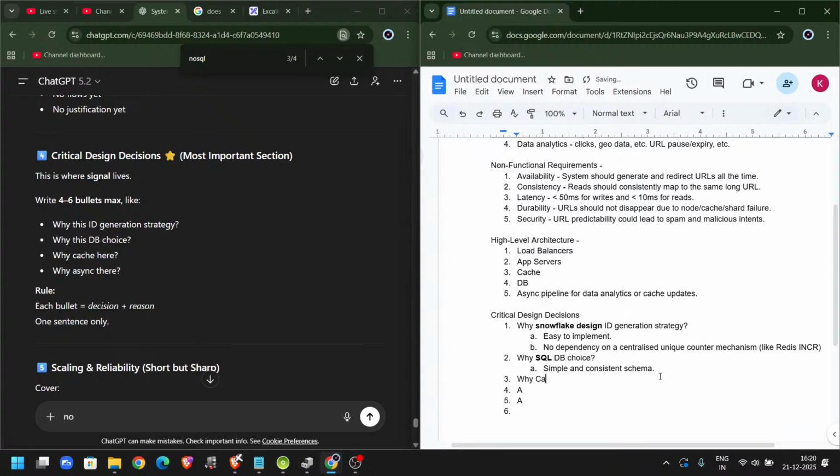Why cache here? Why caching is used? Because reads are high in number and URL data doesn't really change.